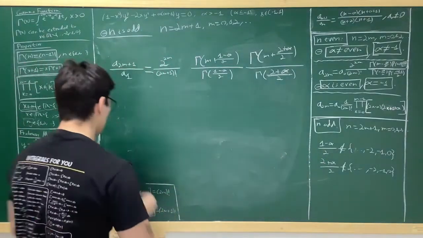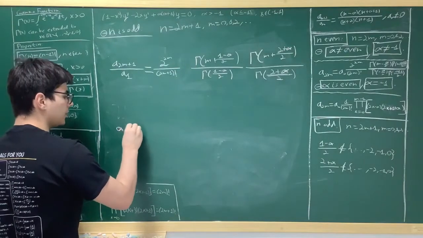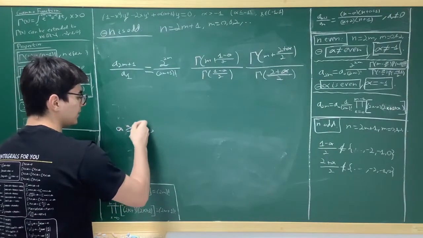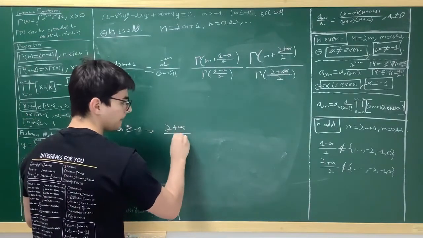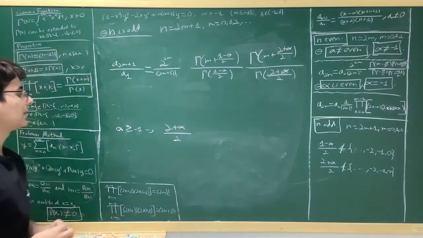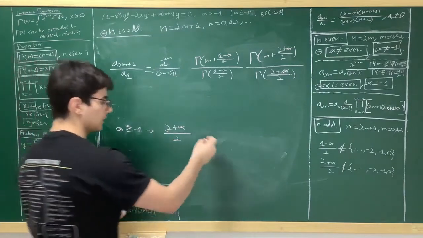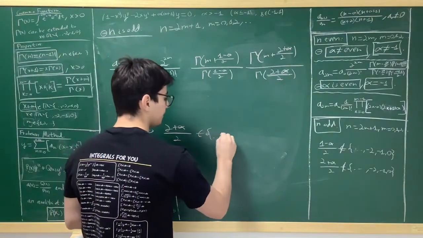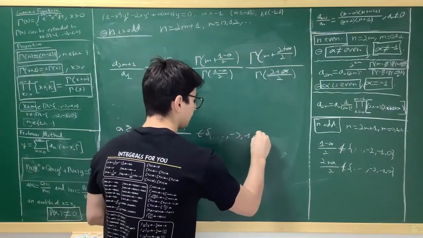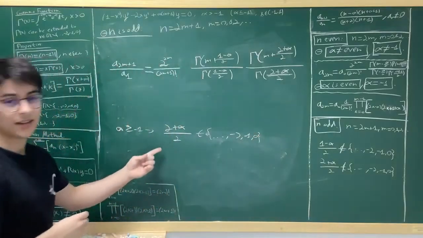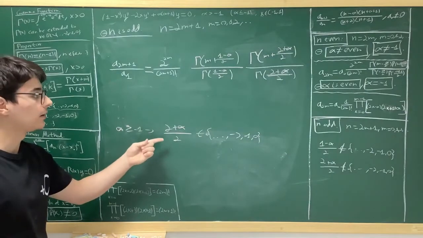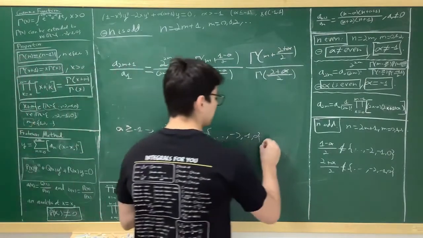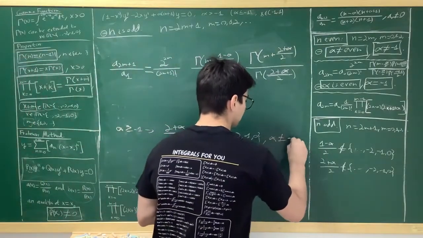This condition really always holds because alpha is greater or equal than -1. This means that 2 plus alpha over 2 is never in this set of numbers, right? Because the only conflict point would be alpha is not -1. So here we need, and alpha is not -1, really.